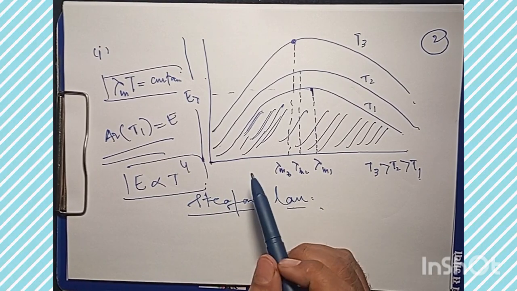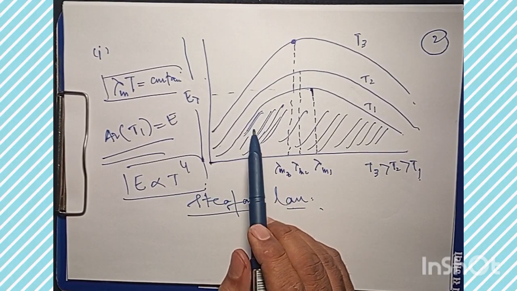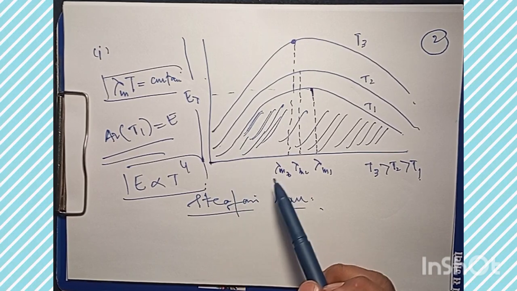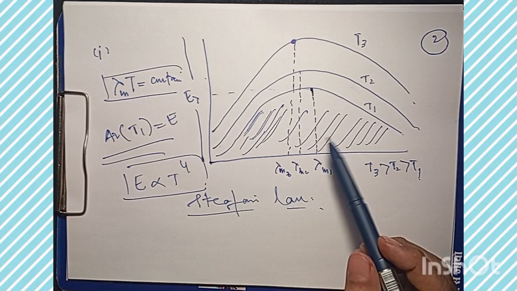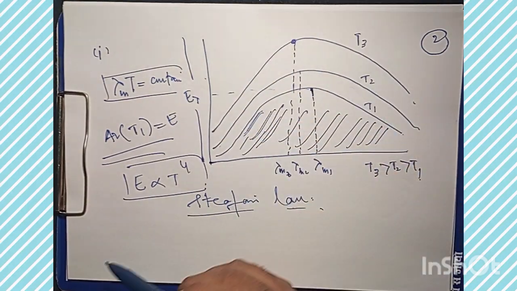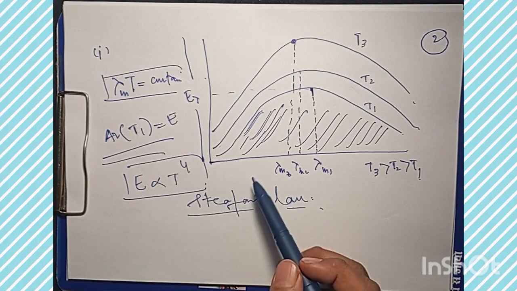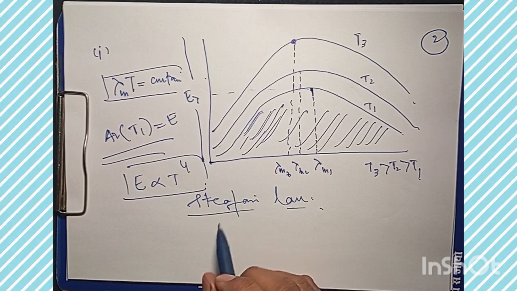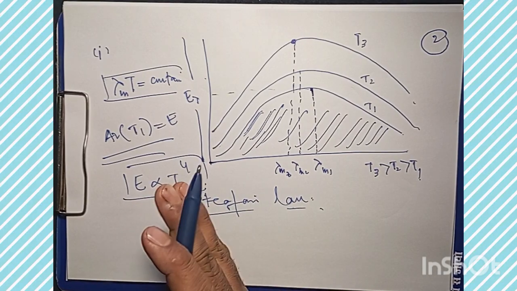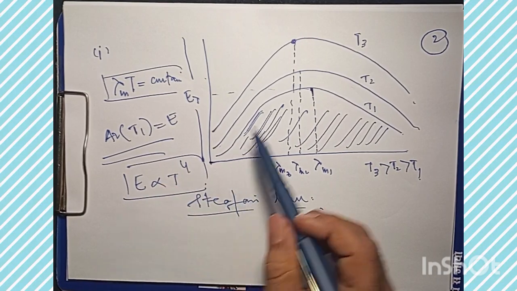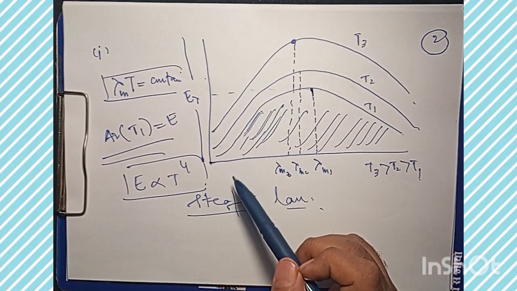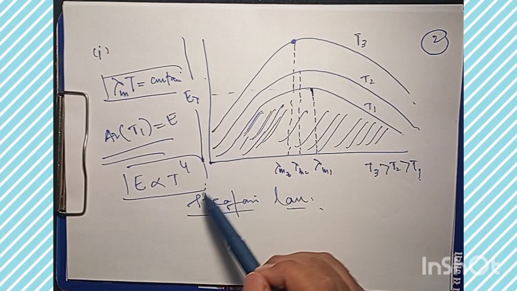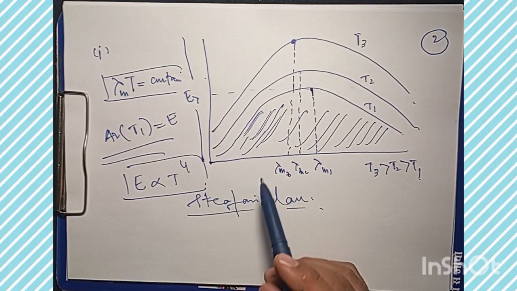Now, these are the observations of Lummer and Pringsheim, what they observed when they set up their experiment. These were the outcomes of that experiment, which we have talked about in detail. But the classical model that was used to explain the behavior of black body radiation, when used to explain these curves, failed.